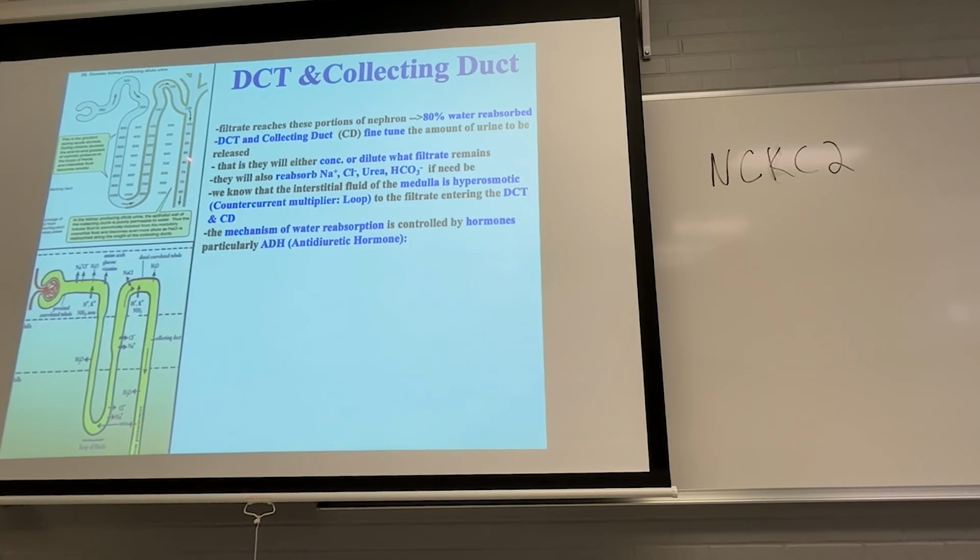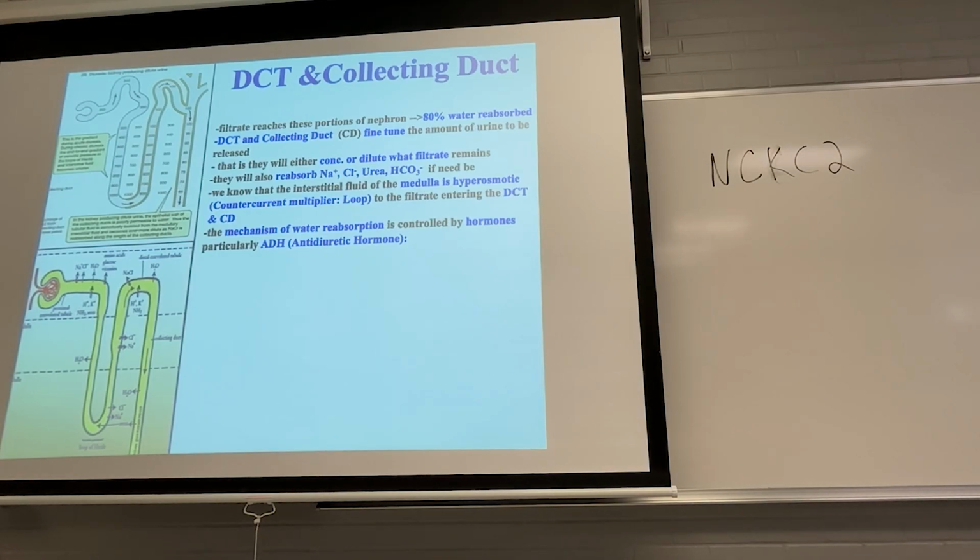How do I do that? I simply make the collecting duct permeable to water, and water leaves, right? Why does water leave? Because the medulla is very hypertonic, right? And so all I have to do is insert what into the epithelium if I want water to move? A water channel, right? Aquaporins. And that's exactly what happens here.